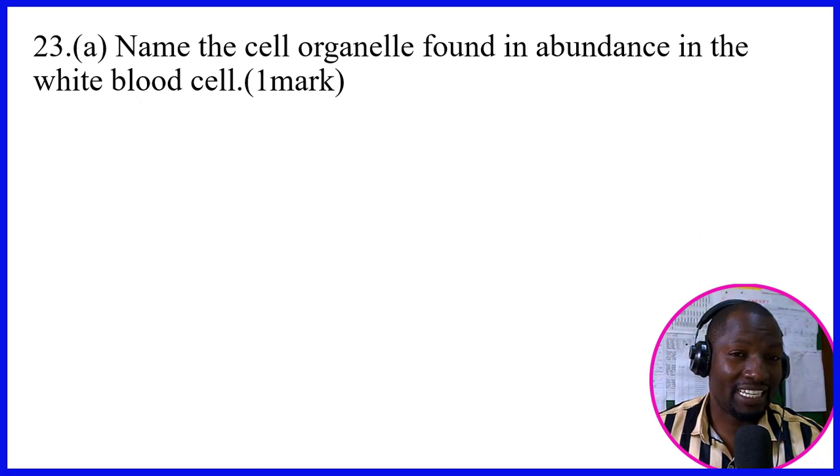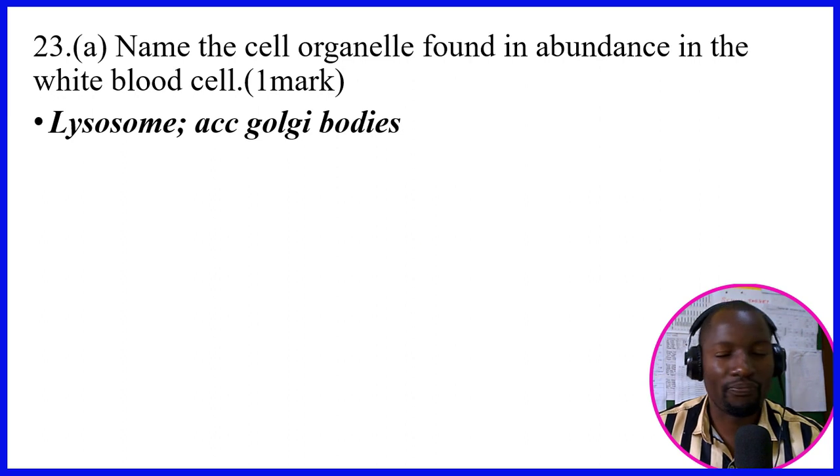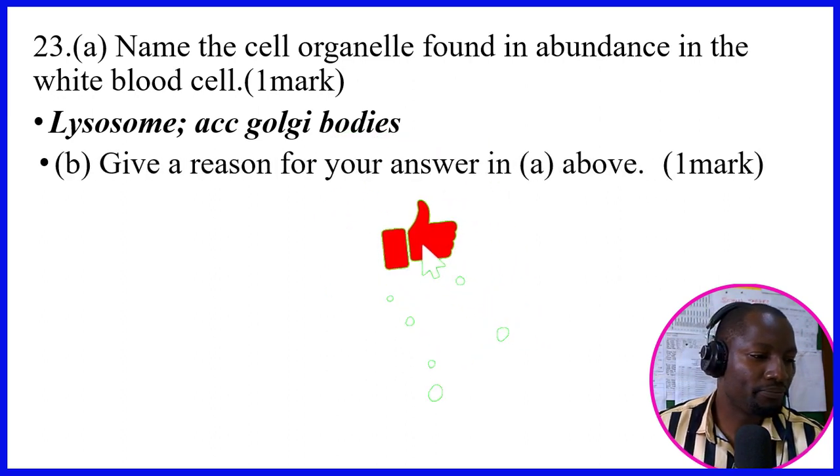The function of white blood cell is to fight pathogens or disease-causing microorganisms, and therefore it has a lot to do with destruction. Therefore, amongst all the organelles, we look for the organelle that performs functions of destruction of cells, worn-out organelles, etc. And therefore, this is lysosome. And also, we accept Golgi bodies.